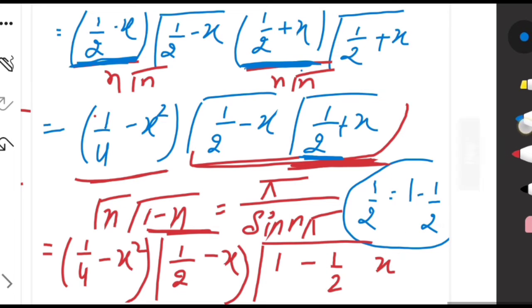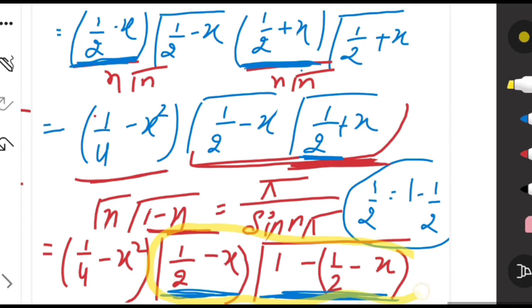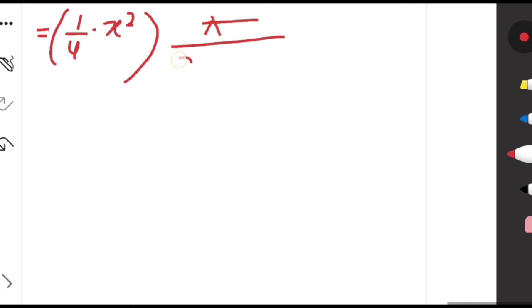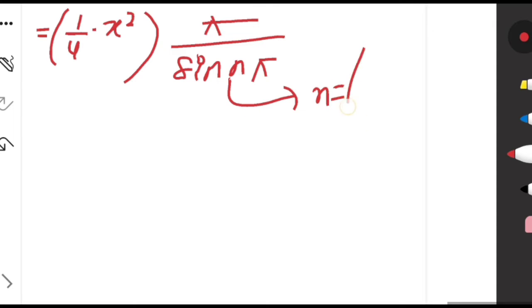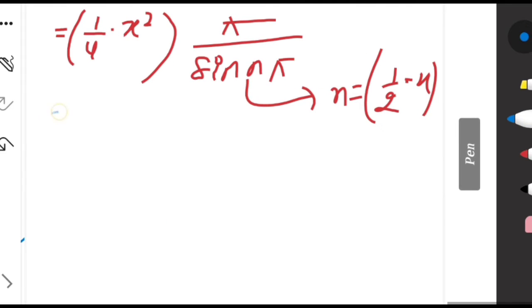Now you can see the form is gamma n gamma 1 minus n, so instead of the whole of this, I can write pi by sine n pi, which is equal to (1/4 minus x squared) pi by sine n pi, where n is equal to half minus x.